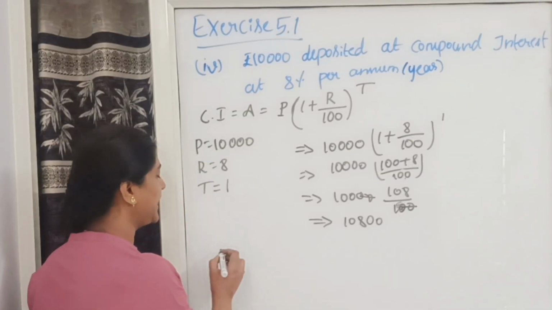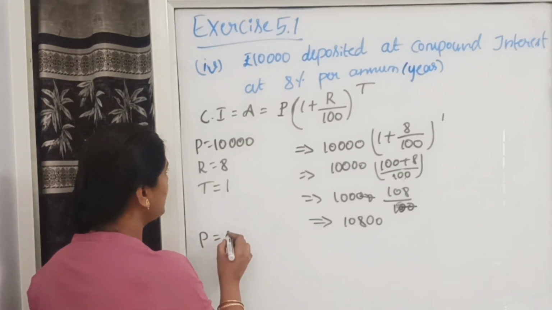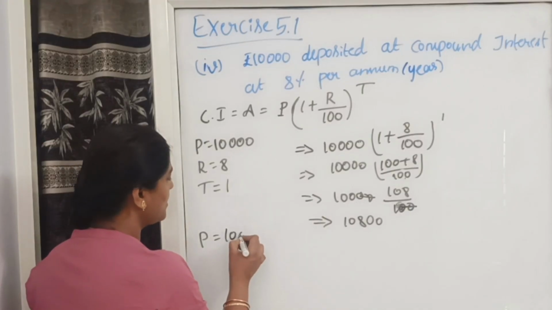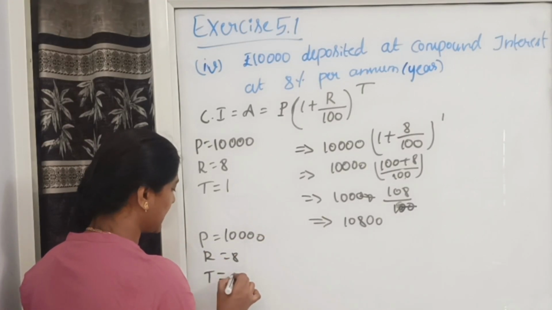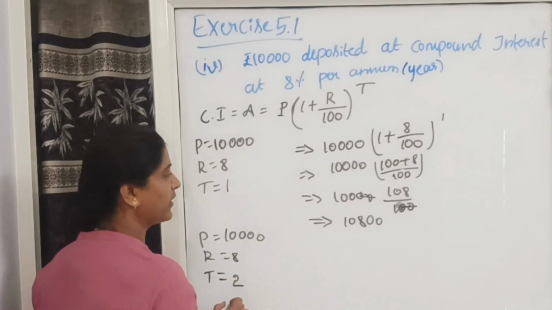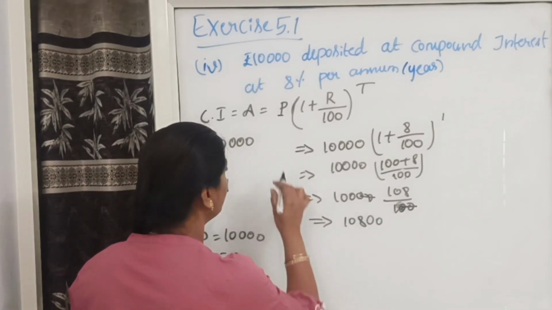Now for the second time, the principal amount is 10,000 and the rate of interest is 8, but the time is the second year. So we apply the formula.